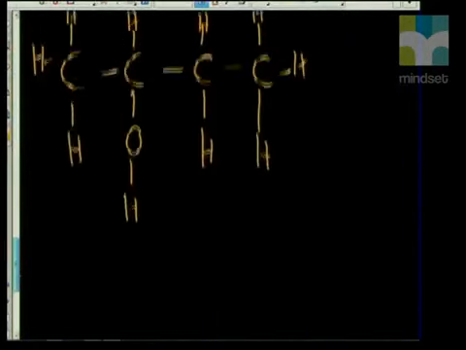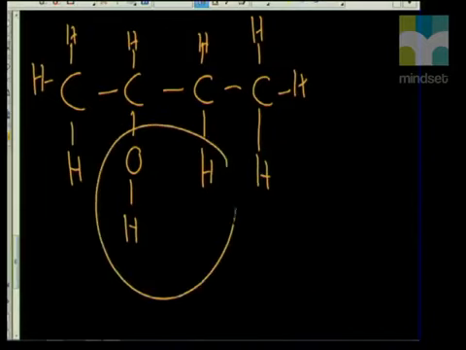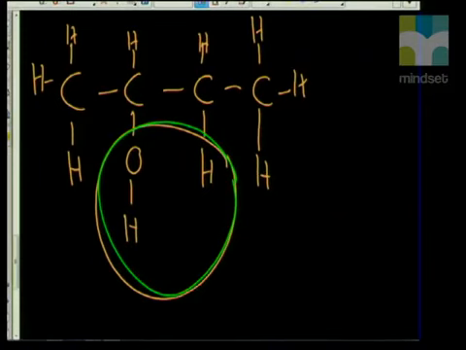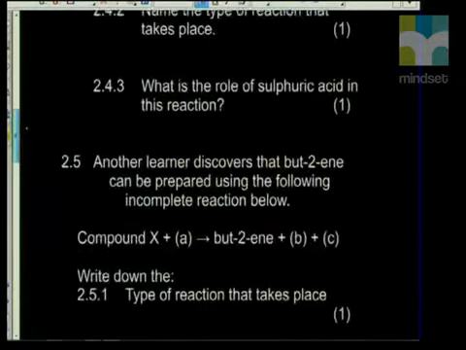So look what's happened. That has been circled, that's been selected, and we are extracting that. We're eliminating it. So the type of reaction that happens to get to but-2-ene, we've got to get rid of the OH and an H. We're eliminating water. So we can say it's an elimination reaction.